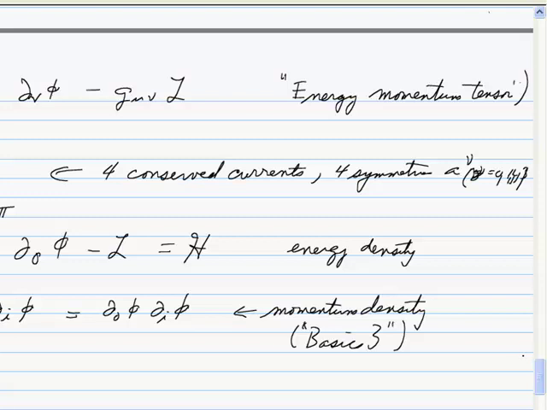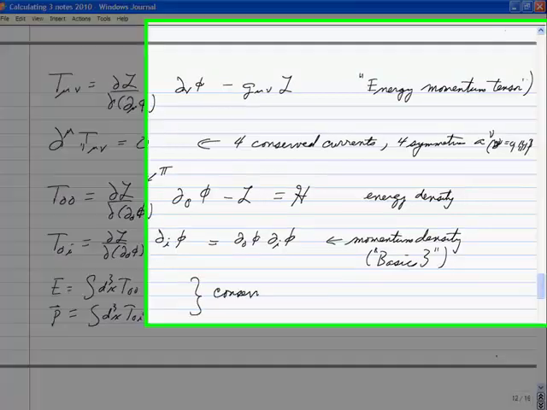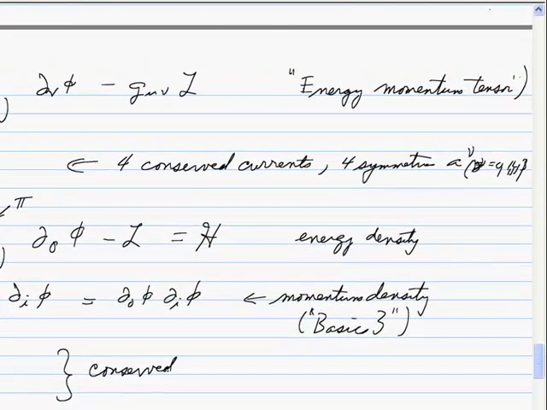Okay? And so we end up with 4 conservation laws: the conservation of energy and momentum. The conserved charges are then the integral d3x of T00, and P, which is the integral d3x of T0i. Those are conserved. And you get conservation laws.